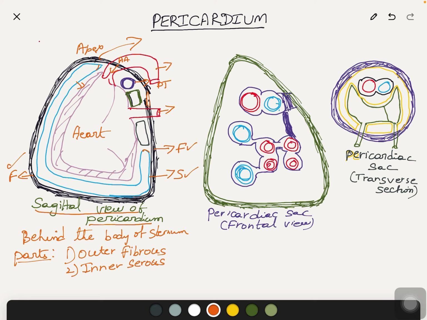Below, this is the base of the fibrous pericardium. This base fuses with the upper surface of the central tendon of the diaphragm and also a part of the musculature of the left part of the diaphragm. Just below the fibrous pericardium, we have the diaphragm, and it is fused with it.